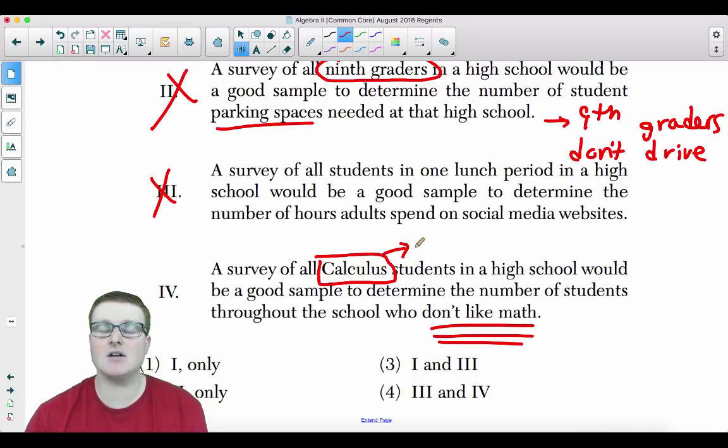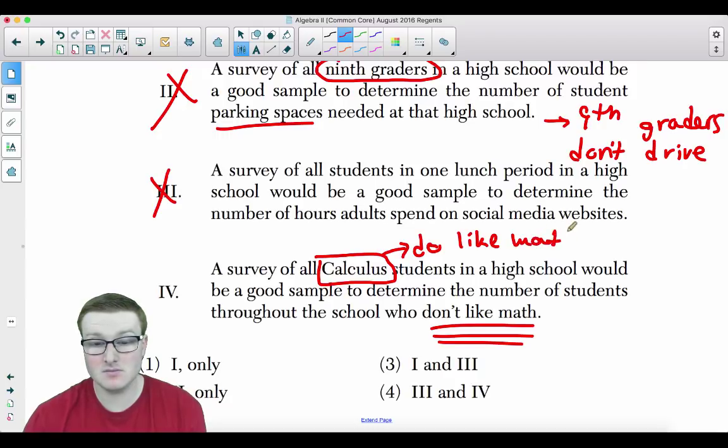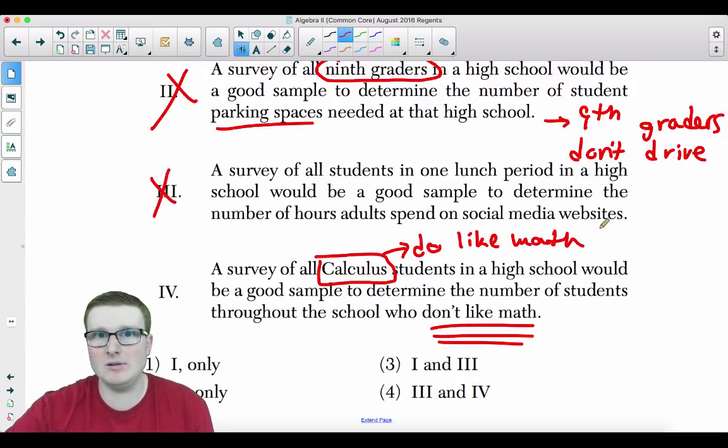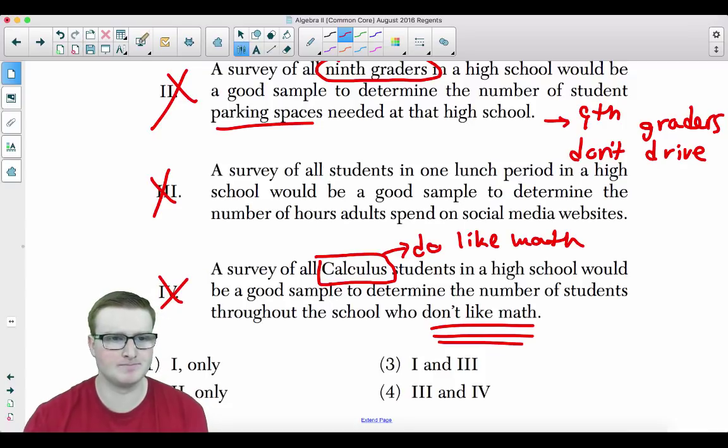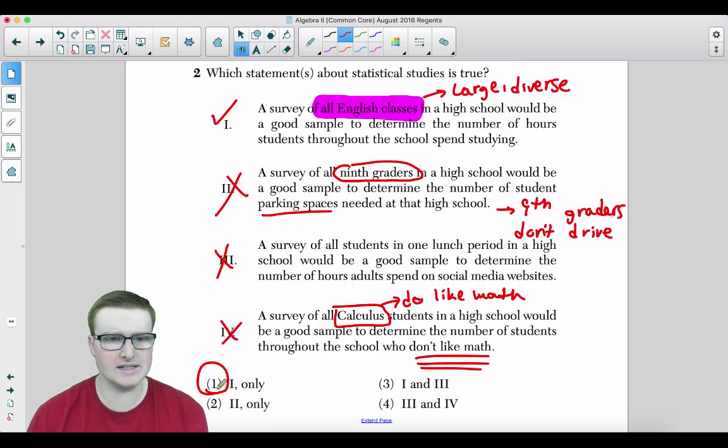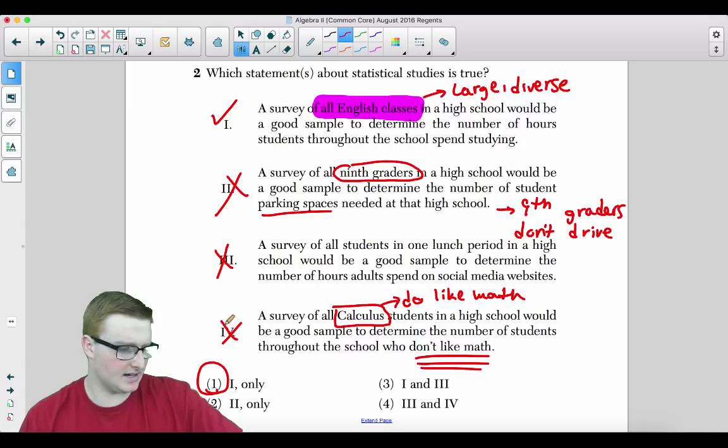So kids in calculus are kids who do like math. Students who are in calculus probably are in there just because they like the subject of mathematics. So why would that be a good sample for people who don't like math? That makes no sense. So your answer is choice 1. The only one that works is the survey of all English classes, because that is a large and diverse group.